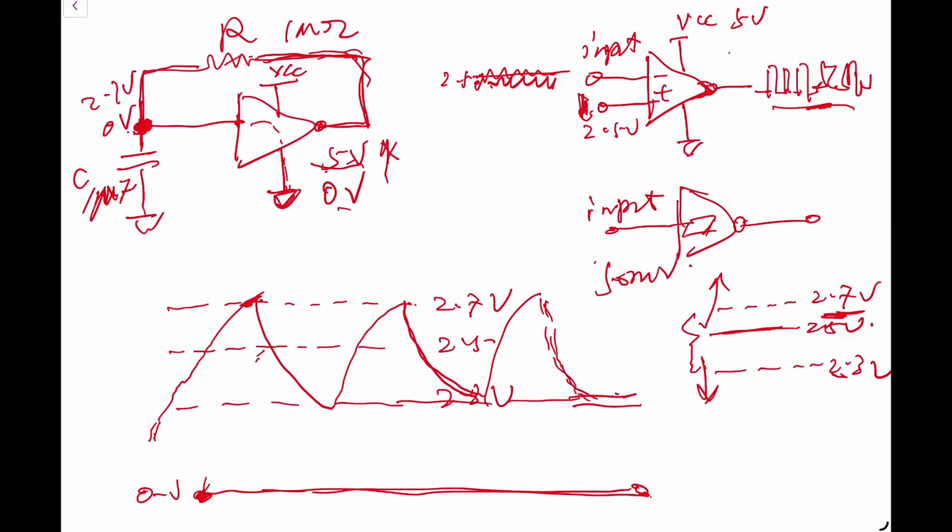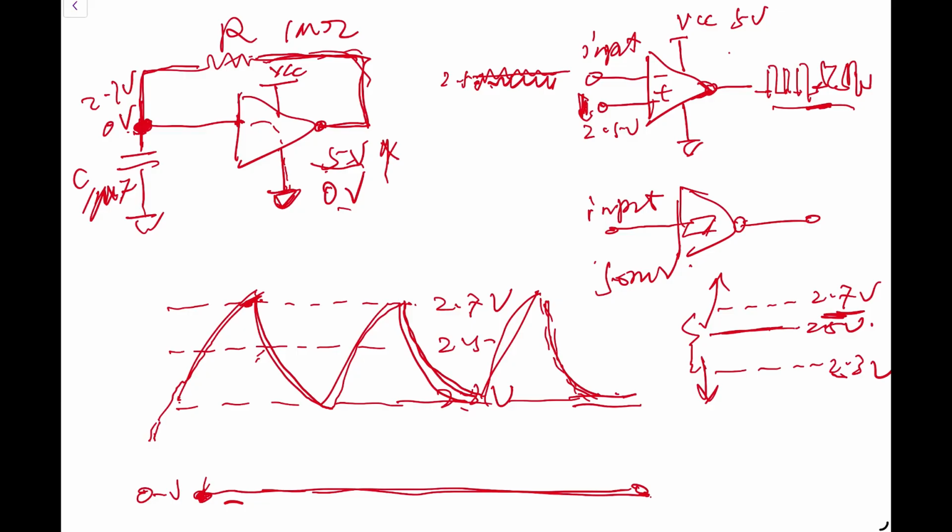So if your hysteresis is very low, that means your oscillation happens really fast. You oscillate between the upper threshold and lower threshold, upper threshold, lower threshold. So your oscillation will be much faster than you expected.